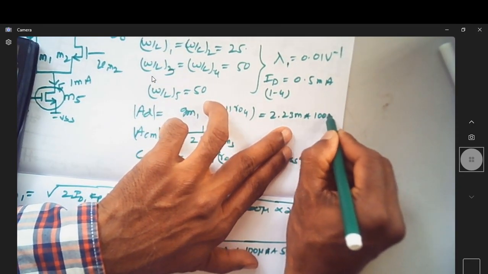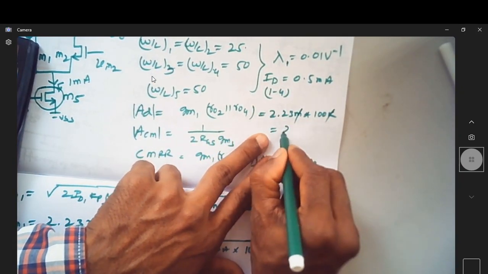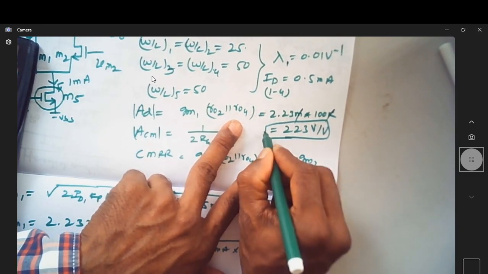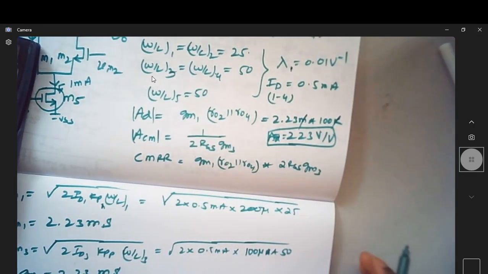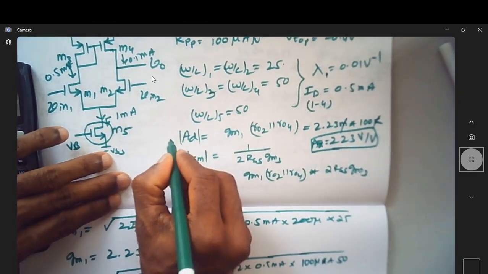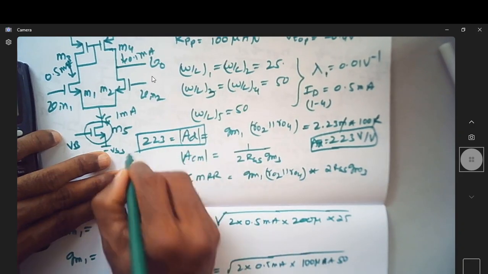So this is now 100k. So k and milli will go off, and you end up with 223 volt per volt as the differential gain of this active load amplifier. So 223 is the gain of this.